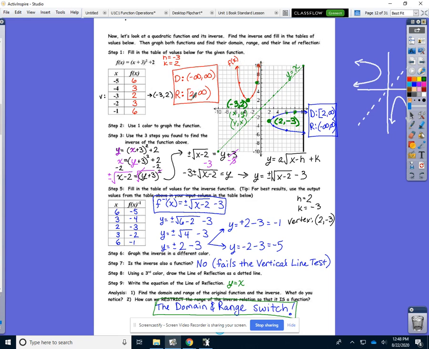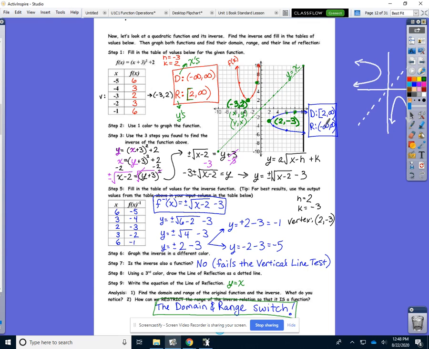But the range is restricted. The lowest point on this graph is 2, the lowest y value. So domain is the x's, range is a list of all the possible y values, and the lowest possible y value here is 2, but then the graph goes up forever. We use a bracket to show that 2 is the lowest number.